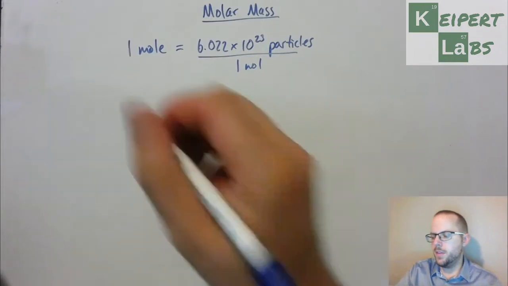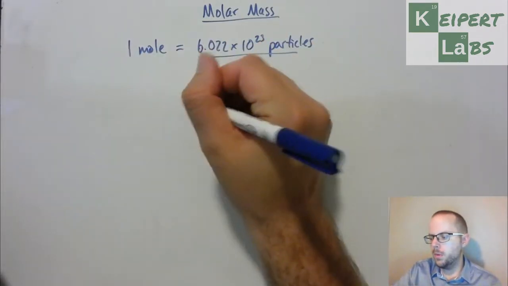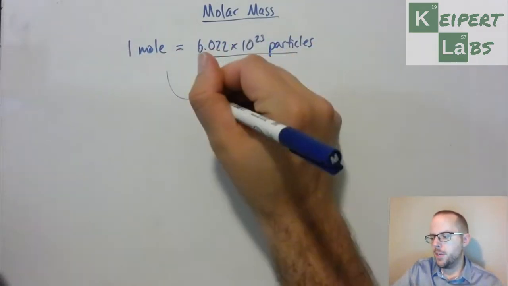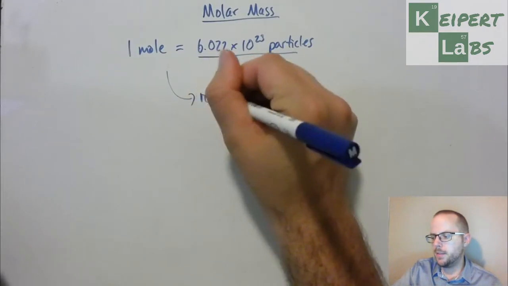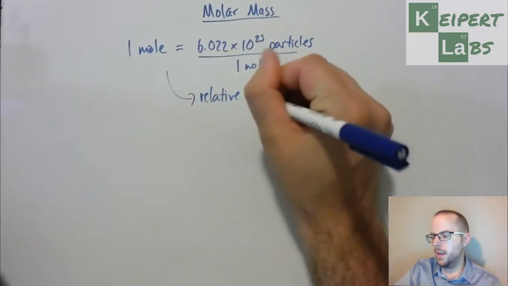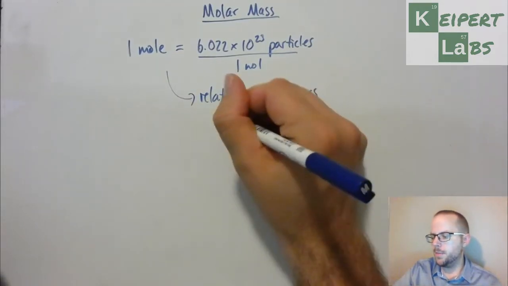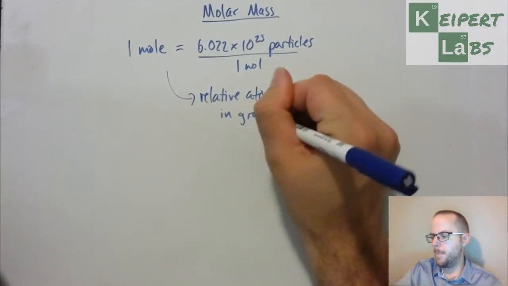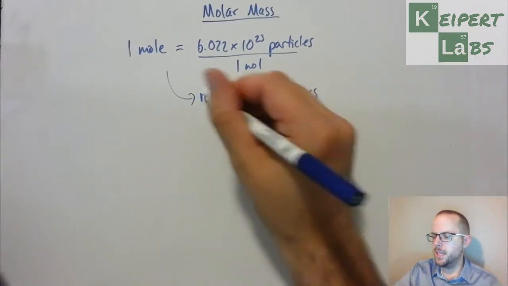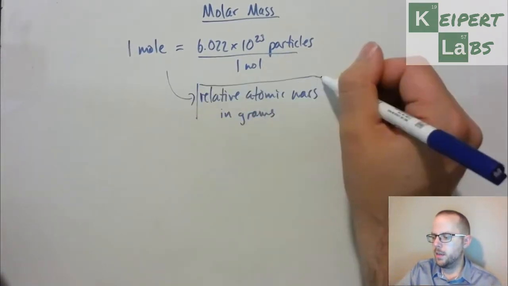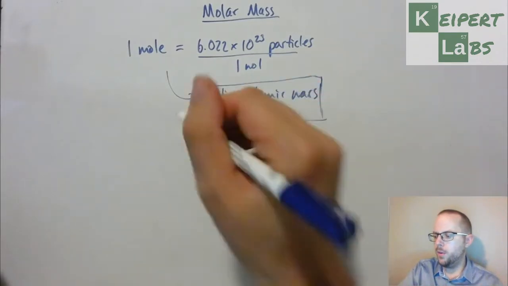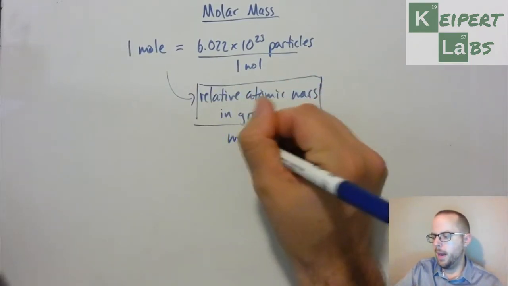And we said that in order to get 1 mole, you could measure out that element's relative atomic mass in grams. We give this concept a name, and we call this molar mass.